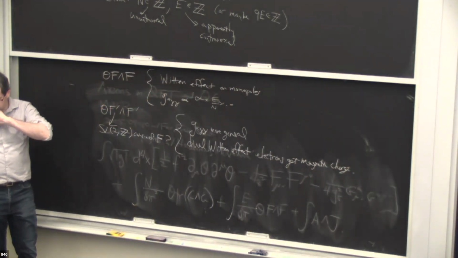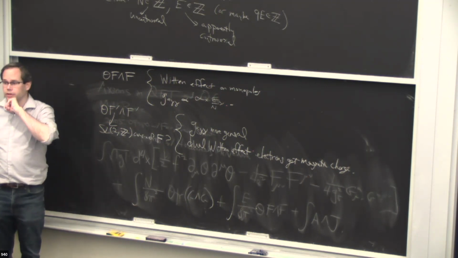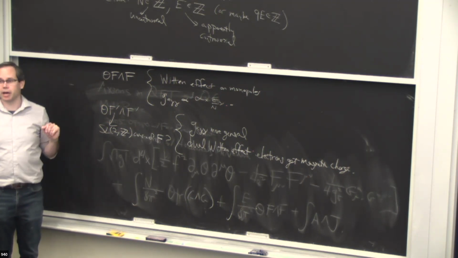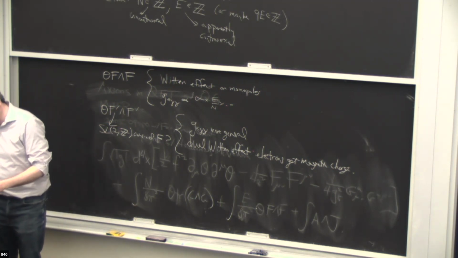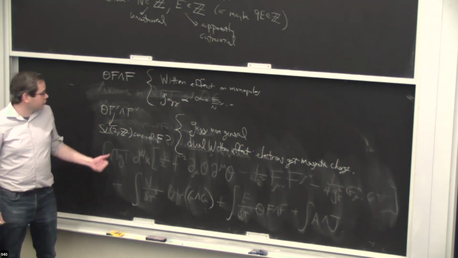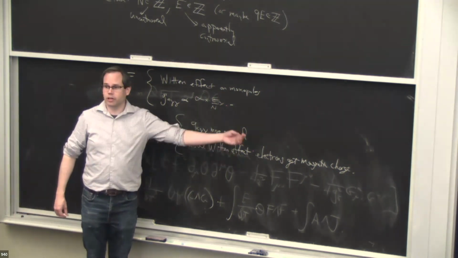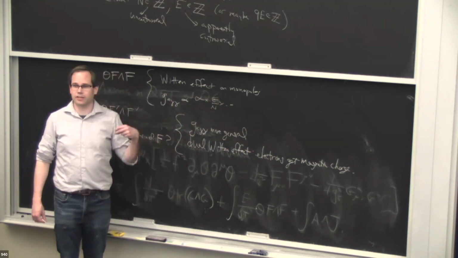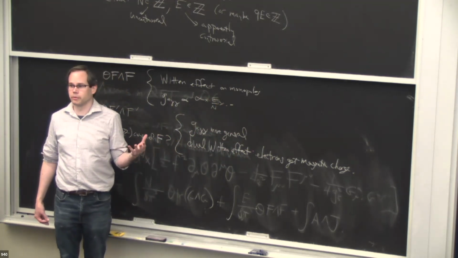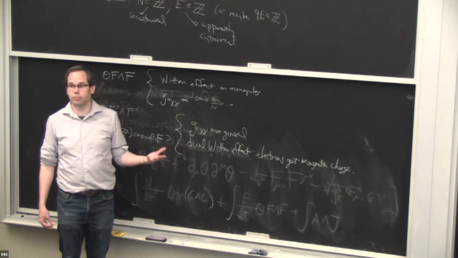Okay, and if you start to think about electrons getting magnetic charge in an axion background, that sounds really bad phenomenologically. Okay, so let's just say a couple of words about that. When theta goes to theta plus 2 pi, this means the electron becomes a dyon with magnetic charge. If that state had the same mass as the electron, that would be a disaster because we would have already seen it. So it better be heavier, right?